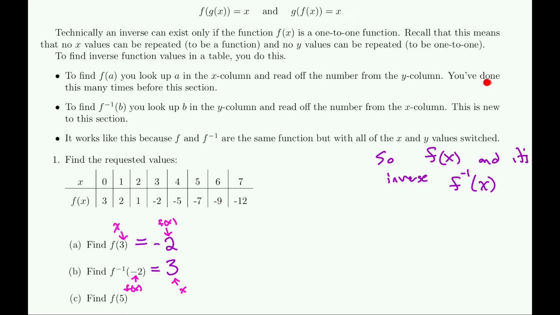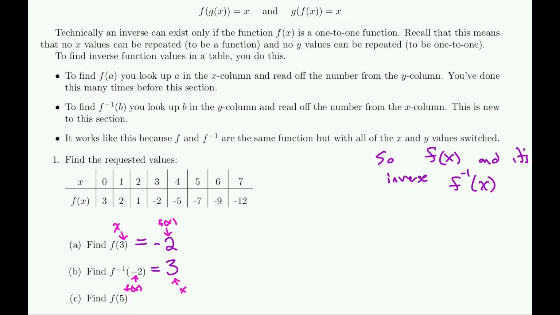And like I say, you've done this many times before you get to here. To find an inverse value, you look up the number in the y column. So for f inverse of -2, you look up -2 in this row, and then you read off the x value, and that's your answer. That's what's new in this section.